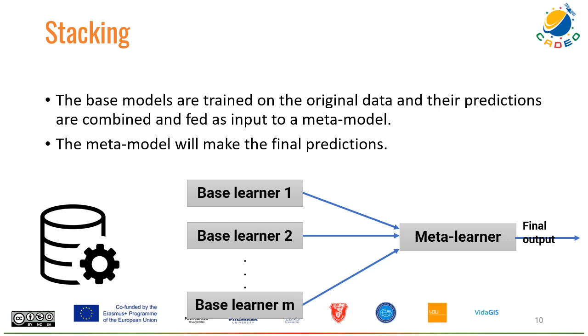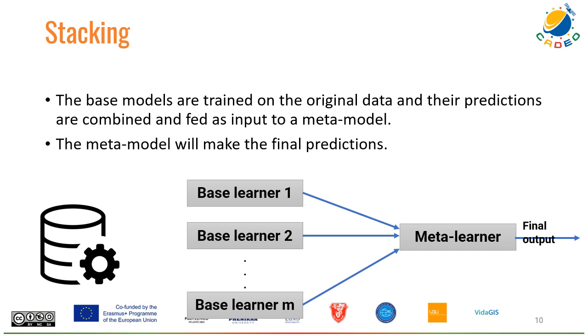In stacking, the base models are first trained individually on the original data, and their predictions are then combined and used as input features for a meta model, instead of making final predictions directly, as we have said.